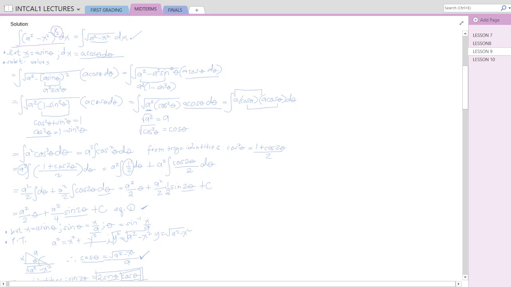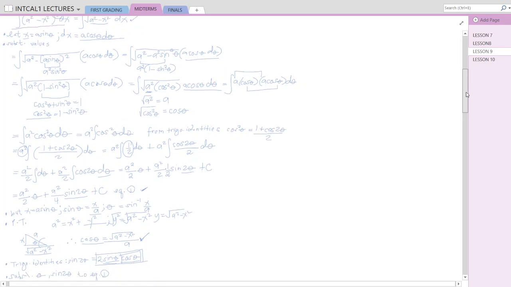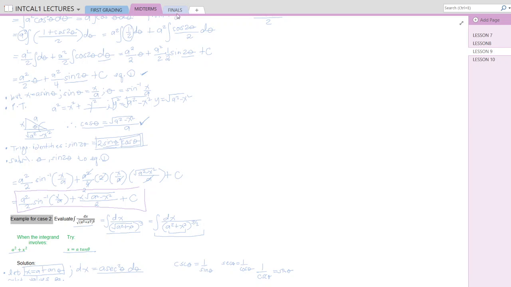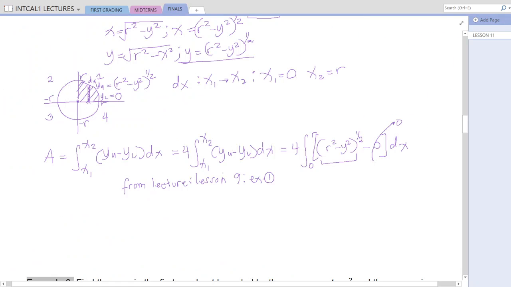That is the area of a circle. The answer there, we have computed that to be the integral, a squared divided by 2 arcsine of x over a, plus x multiplied by the square root of a squared minus x squared divided by 2, plus the arbitrary constant. So having this one, we copy that, since that is the same.